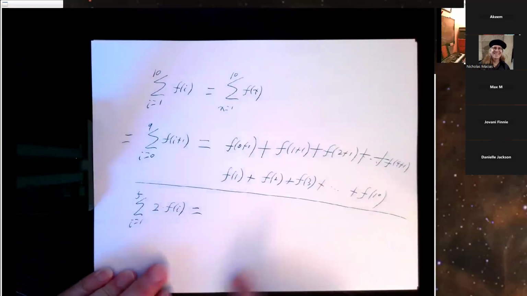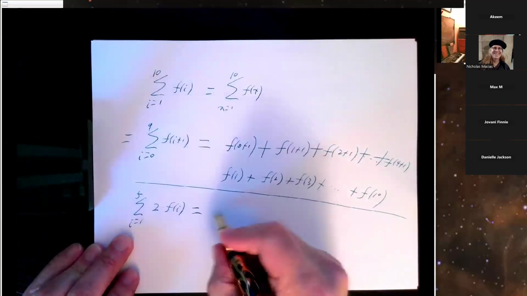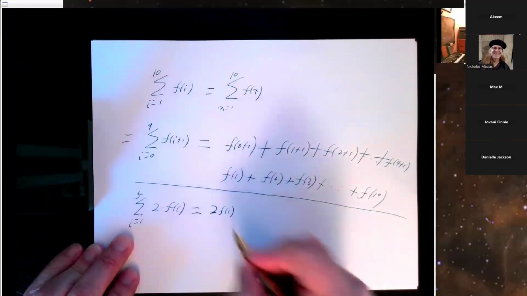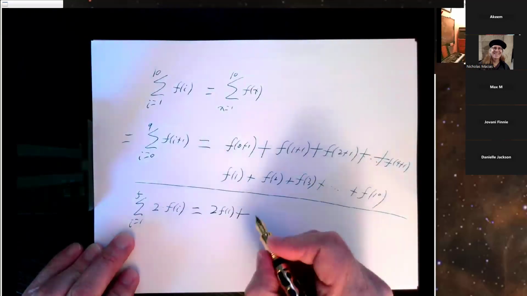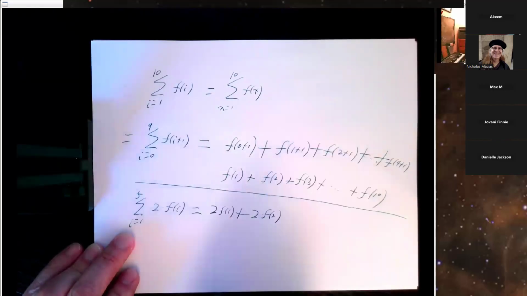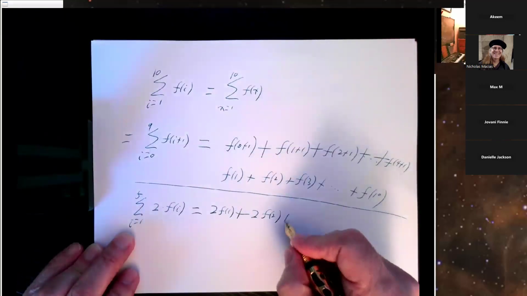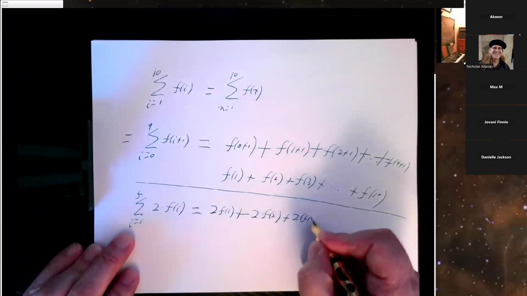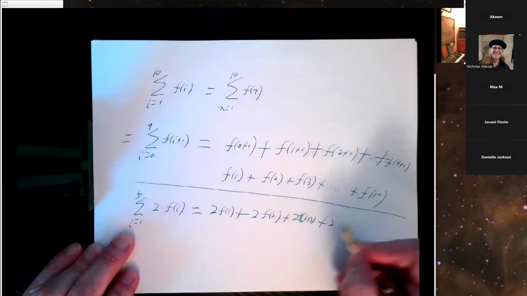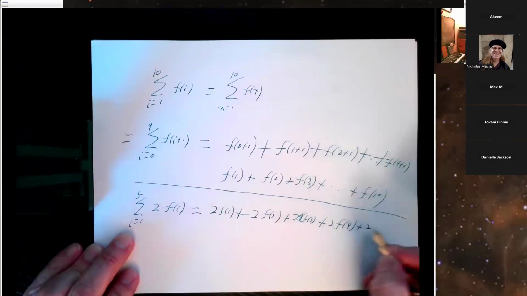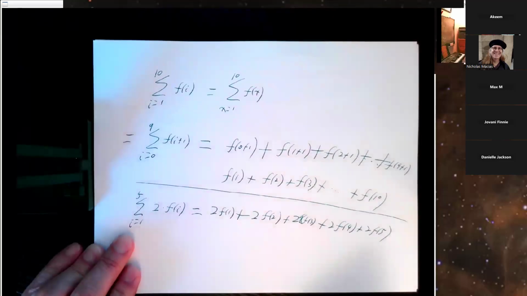So if I write it out like this, set i equal to 1, this is 2 times f of 1. And then add, if we set i equal to 2, 2 times f of 2. And then if we set i equal to 3, 2 times f of 3, and so on. So we get this.